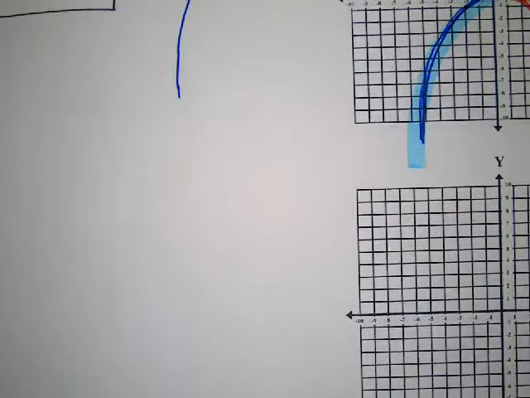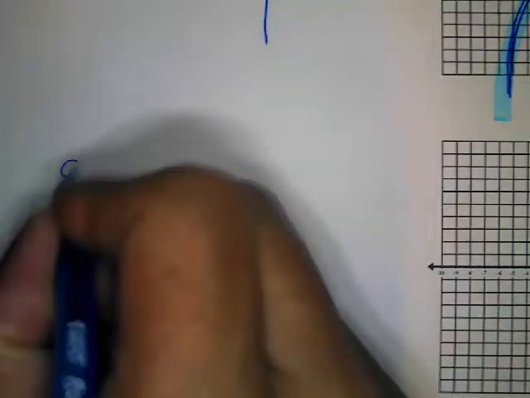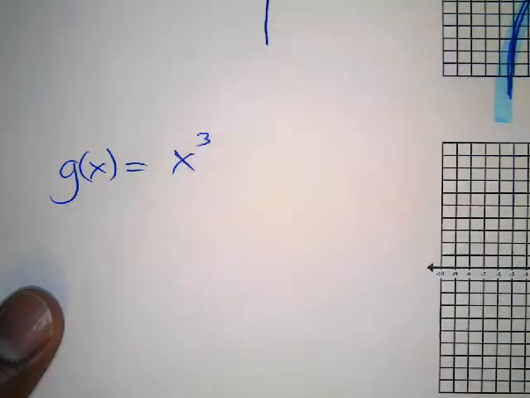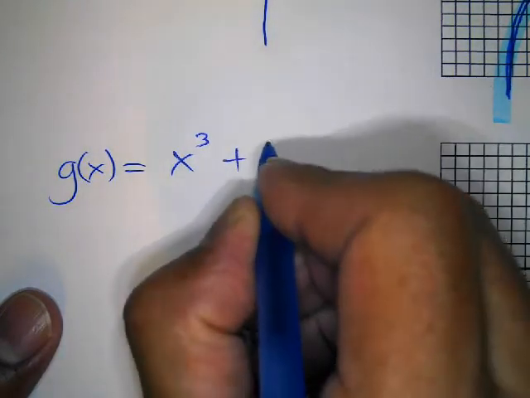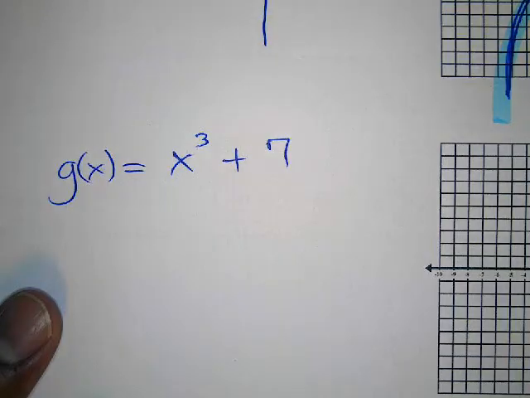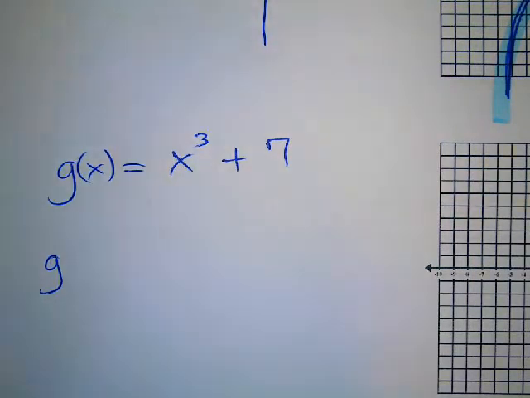Okay. So again, let's go to the second graph. So if I have g of x is equal to x cubed plus 7, that would not be the same as, well, can't call it g, right?